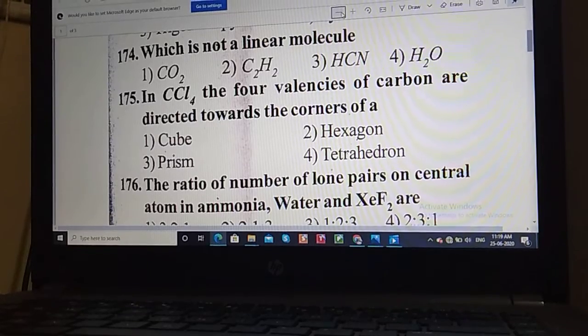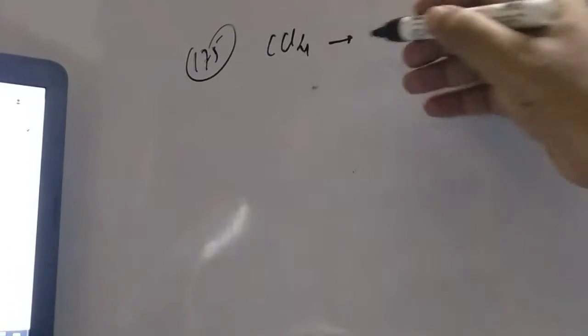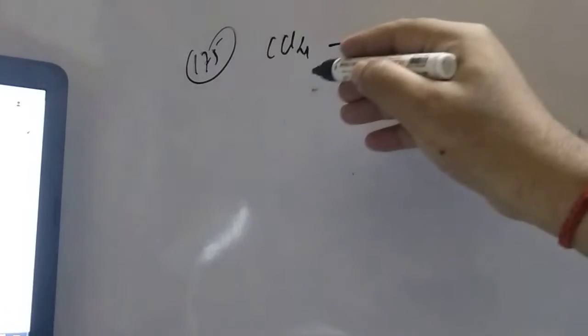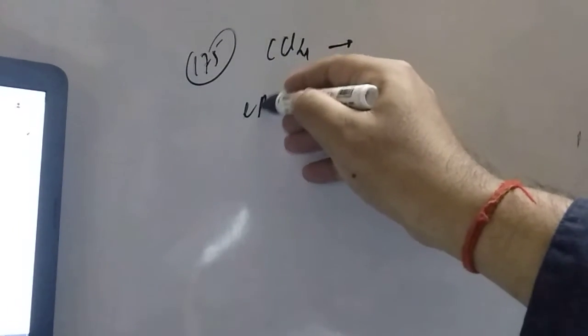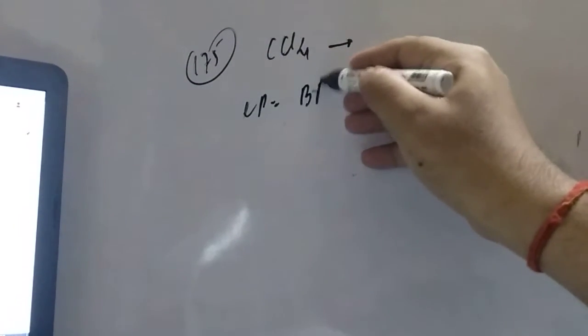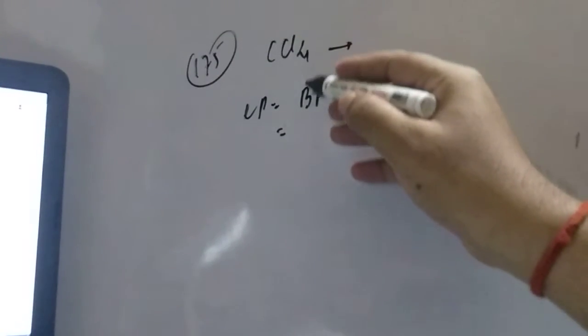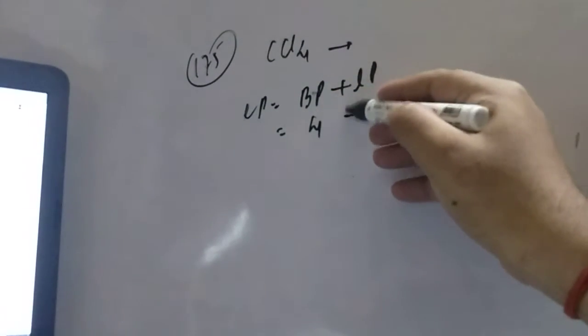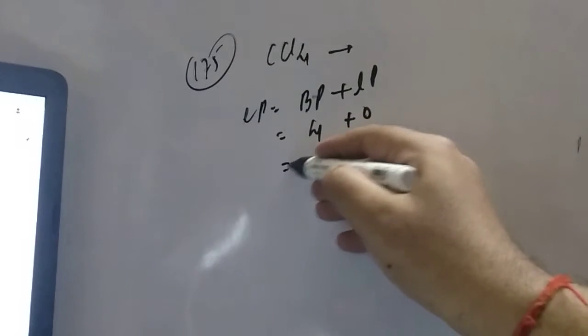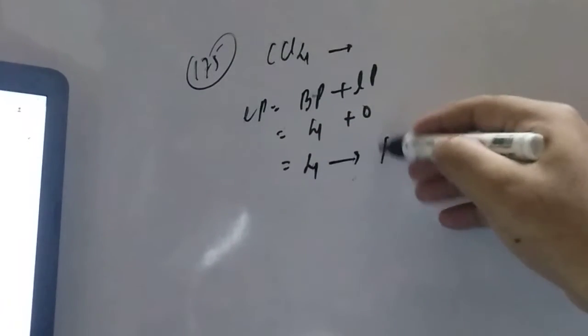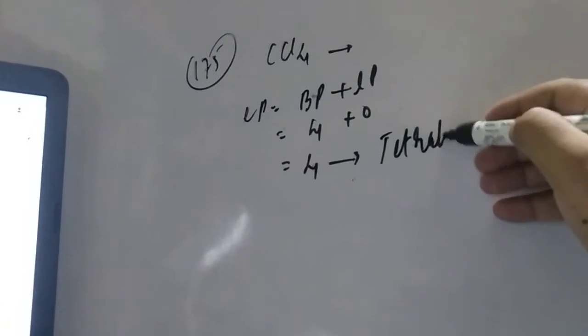Let us come on the board, student. If you talk about CCl4, electron pair is equal to bond pair plus lone pair. Carbon has only 4 electrons, so 4 covalent bonds, so bond pair is 4 and lone pair is 0. If 4 pairs are there, student, the distribution is tetrahedral.